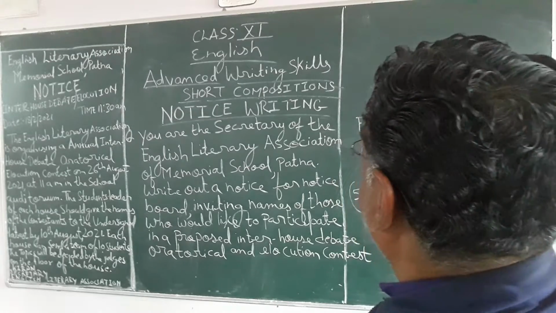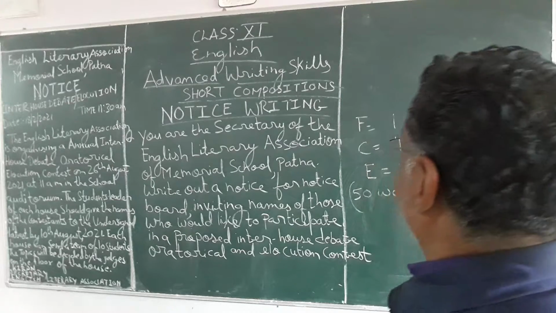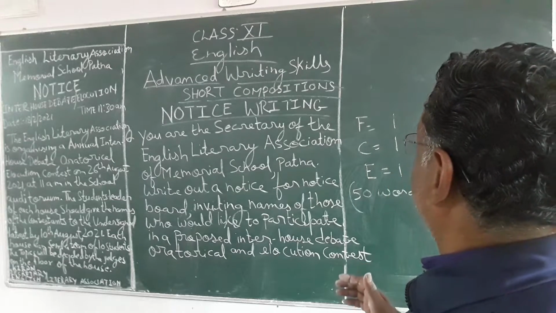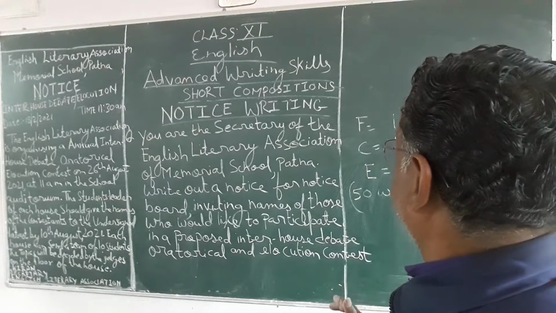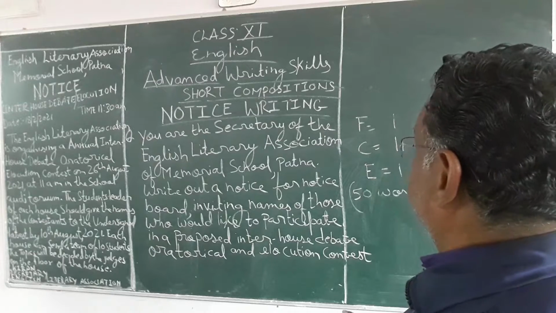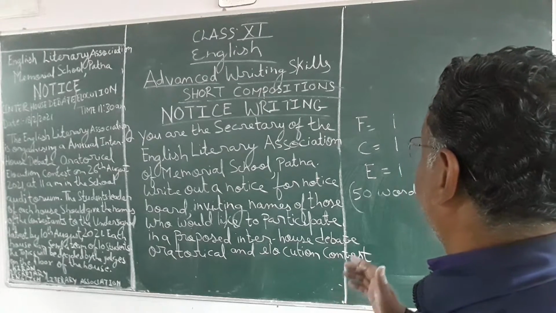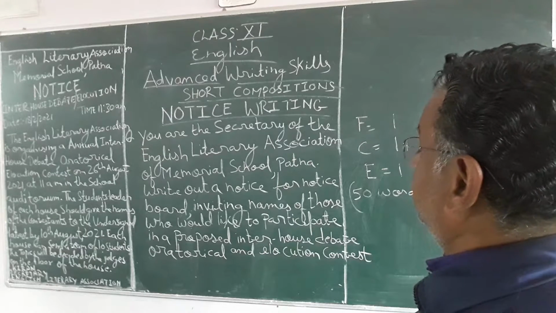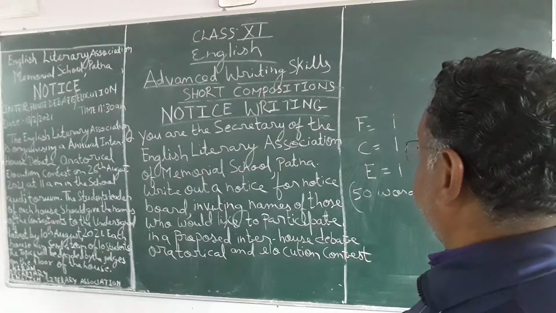Now you are taking out the notice for what? Already the subject is mentioned in the question. Inter-house debate, oratorical and elocution competition. That means inter-house debate will be there, oratorical and elocution competition will be there. The oral competition, the oral saying, it may be your poem.